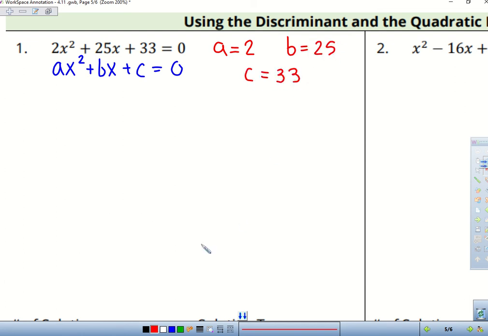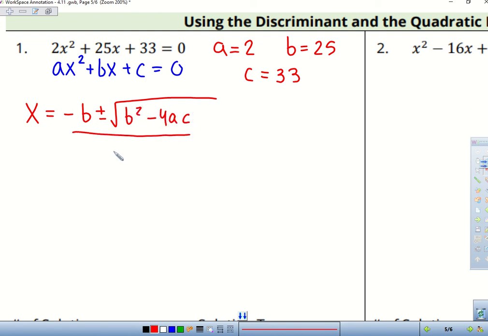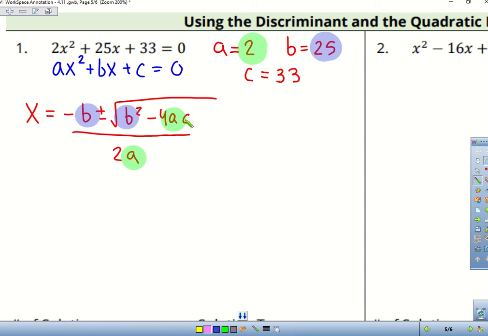Good. So the quadratic formula is x equals negative b plus or minus the square root of b squared minus 4ac all over 2a. Now in that formula, I'm going to be plugging in for a, I'm plugging in for b, and I'm plugging in for c.